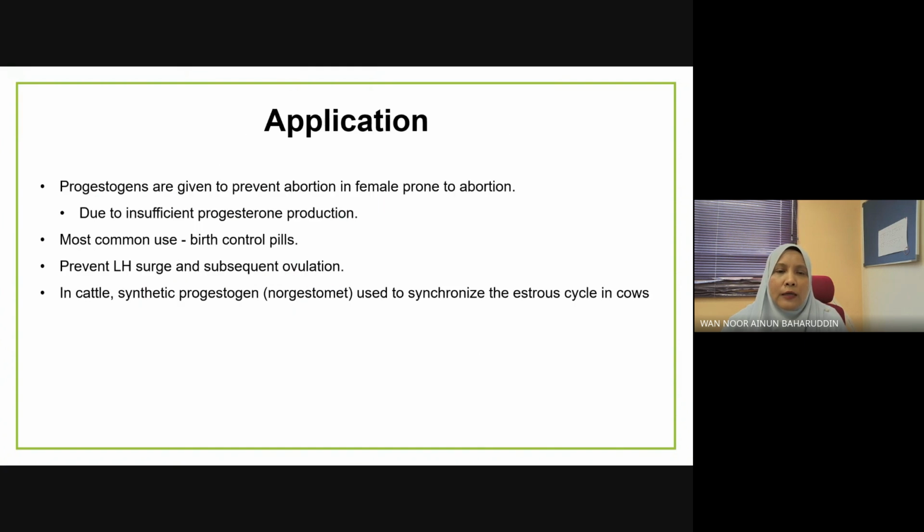These are all of those applications: to prevent abortion in females prone to abortion, because of insufficient progesterone production, it will be injected so that there will be no abortion. It means it will maintain and retain the baby itself. And it is commonly used as birth control pills to prevent the LH surge and subsequent ovulation.